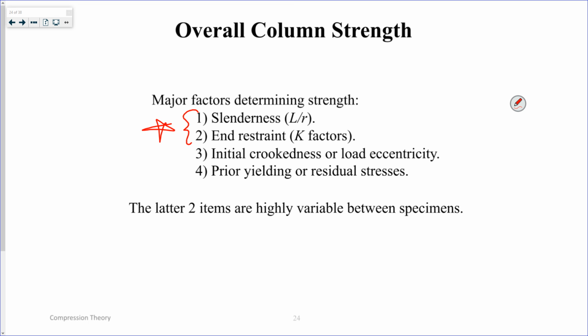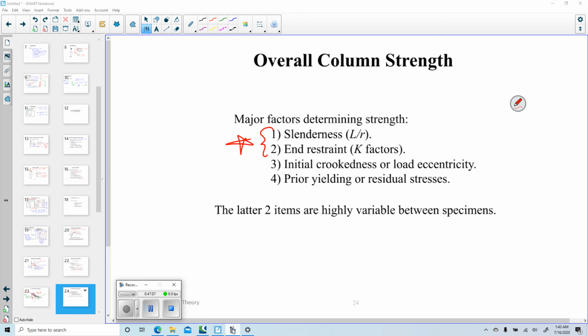We can't control the last two things. We have less control over them. So when we're doing our design, we look at our slenderness ratio and our end restraints. So that is the end of how we account for the assumptions of Euler buckling.